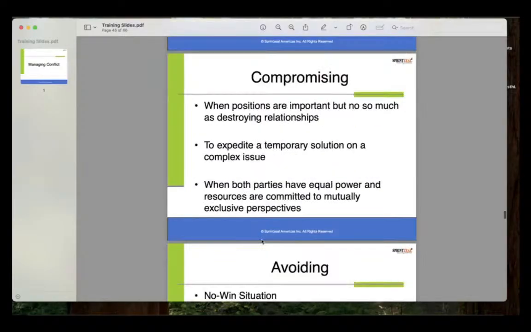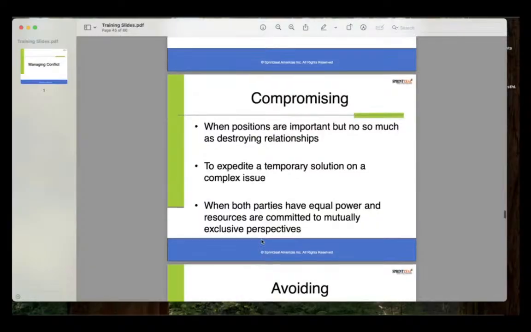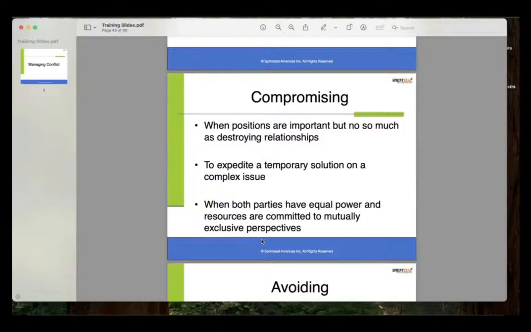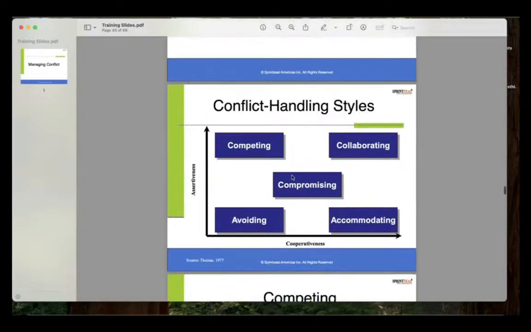This is about when there is a very complex issue that needs a lot of time and a whole process of conflict resolution. That is when we come to a compromising state, saying okay, let's come to a middle ground. As you can see in this figure, compromising is a middle ground, with avoiding and accommodating, and competing and collaborating.